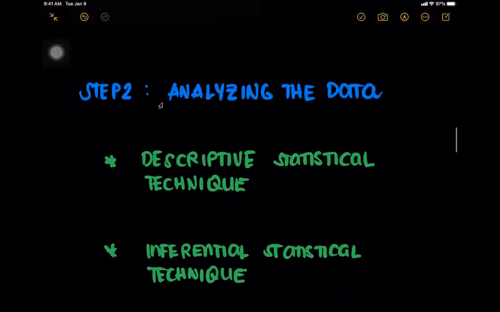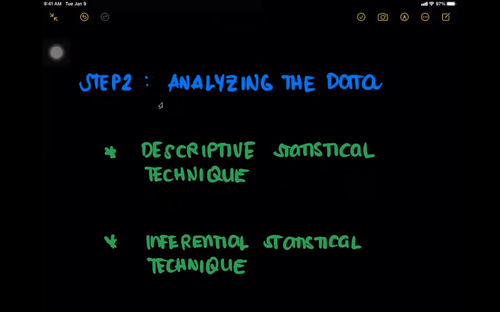Okay, now let's proceed to step two. Now you have prepared, you already finished your preparation of your data, you're done with the coding, you're done with the tables, you have placed all of your data into your frequencies and assigned percent distribution.